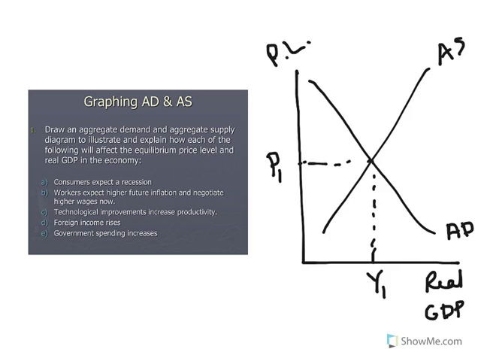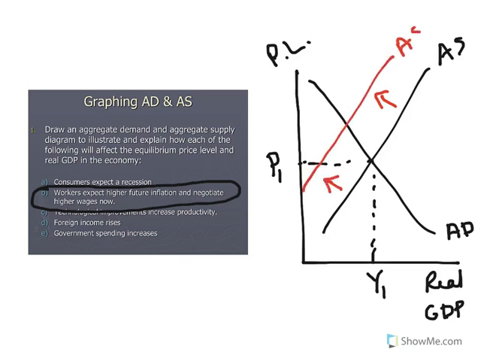All right, you'll notice that the second scenario I have listed here says workers expect higher future inflation and negotiate higher wages now. So again, if that were to occur, then that means the resource costs for the firms are increasing. Therefore, we know that's a non-price determinant of supply. So in other words, our aggregate supply curve would be shifting like so, because the cost of labor is increasing in the short run.